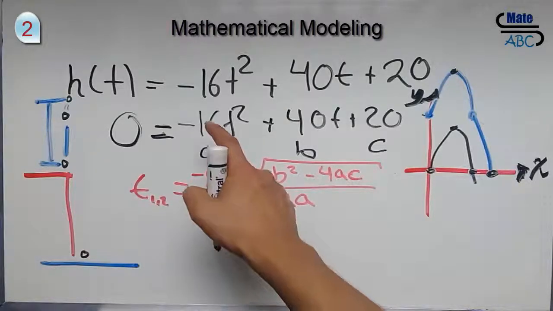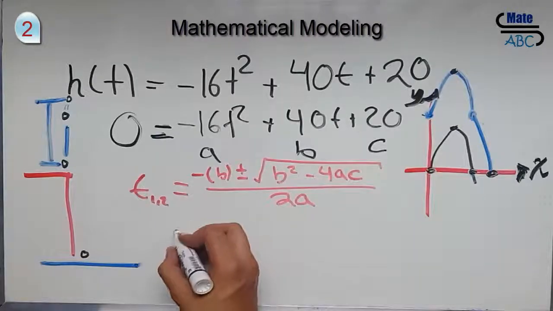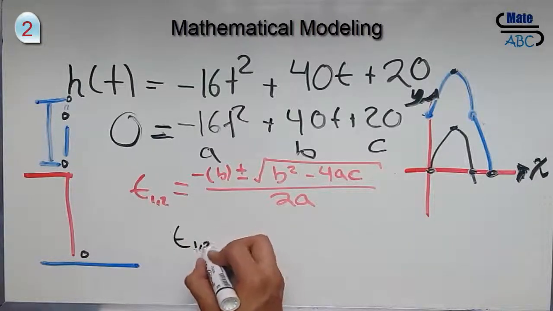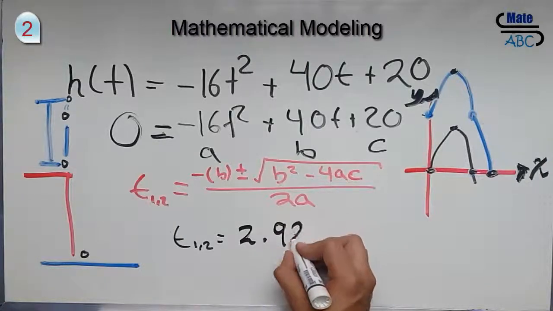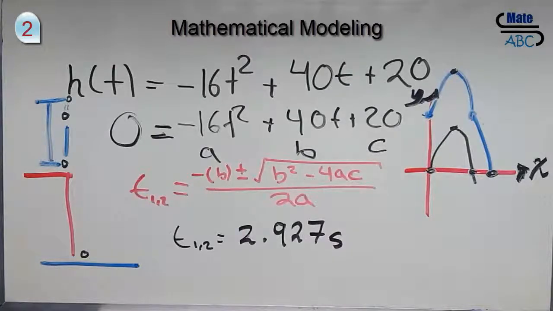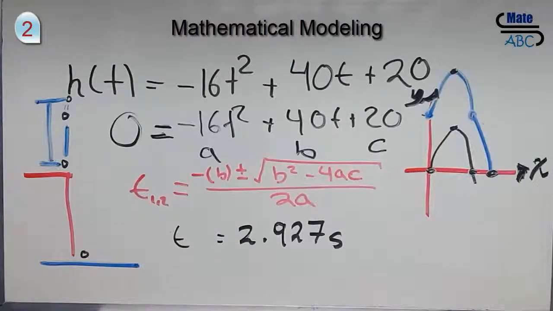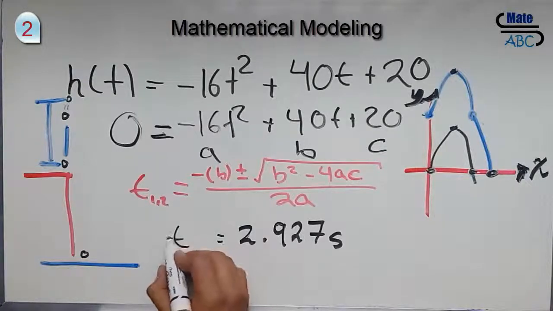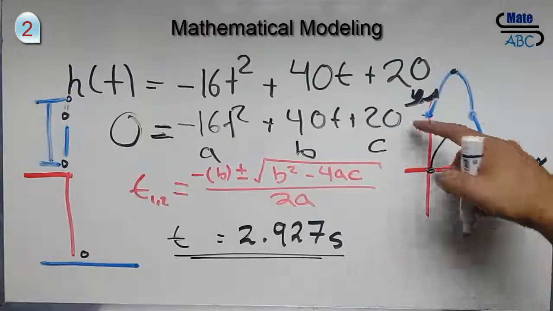So substituting the correct data in the correct place, you will have that T1 and T2 equals 2.227 seconds. So this is the only correct one, because as you can see the other one will be negative, so the time will be in seconds, and this is the time that it reaches the ground.